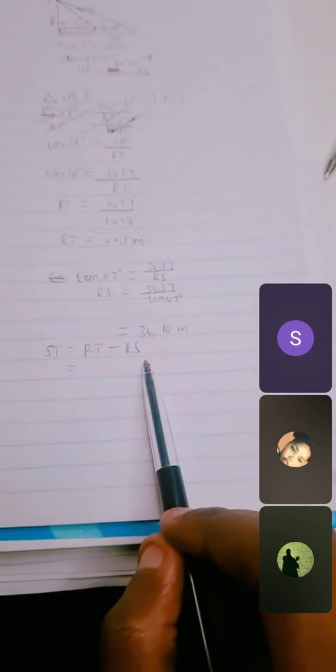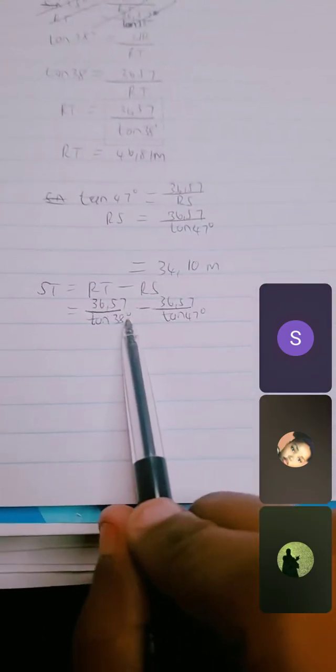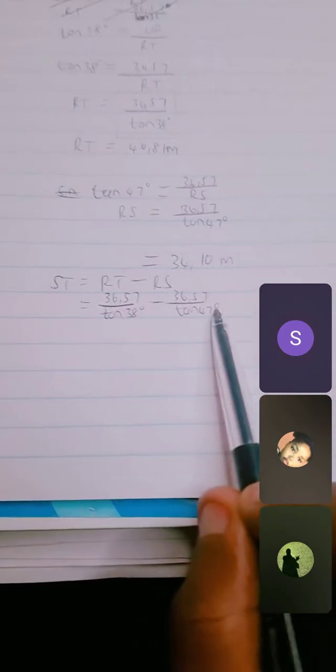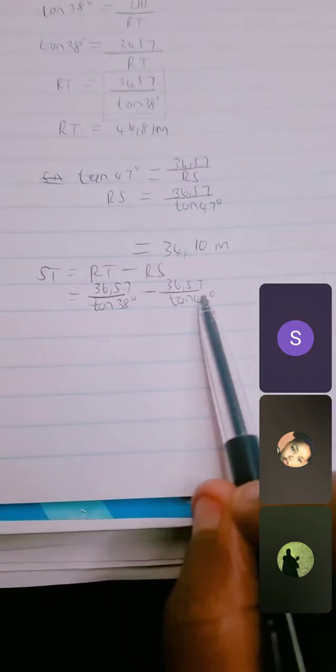But remember, I said I want the raw values, not the rounded off, because I only round off at the end. So I'm going to write down those fractions, the trig ratios, and subtract them, because this is the actual length of RT and that's the actual length of RS.